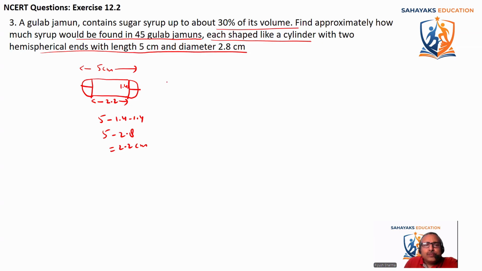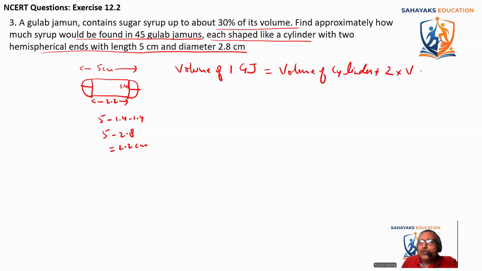What is the total volume? So volume of one gulab jamun is equal to volume of cylinder plus 2 times volume of hemisphere.